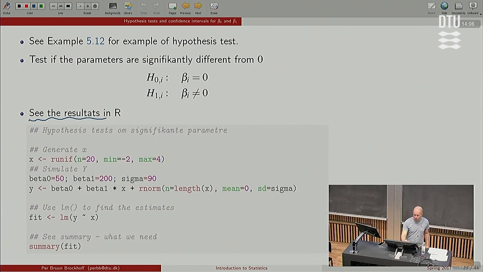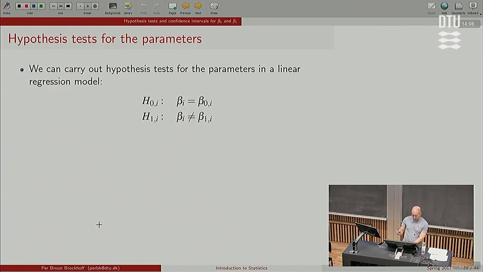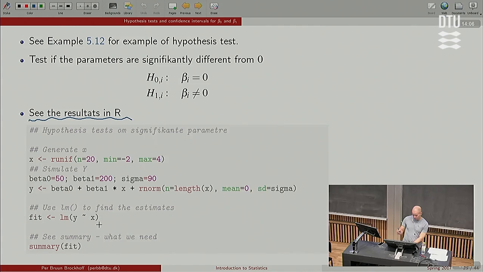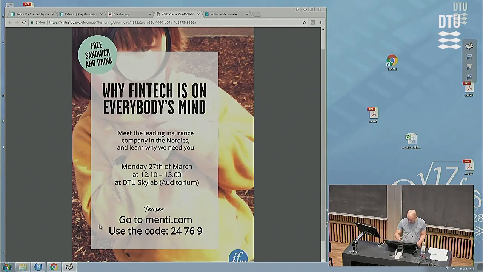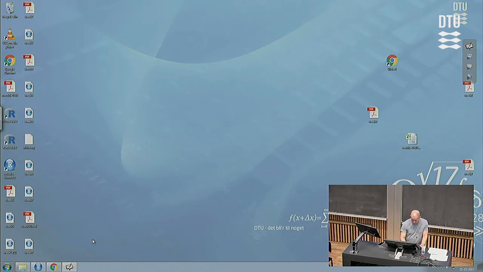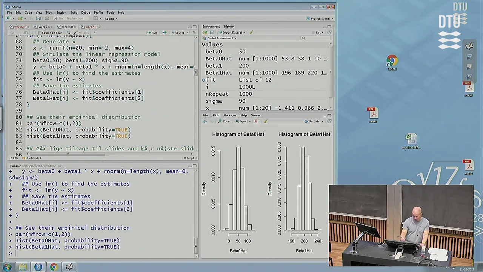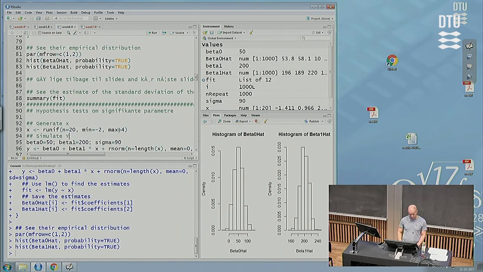First of all, where do we see the results in R? Let's actually just go and do it. Did I actually do a fit already?